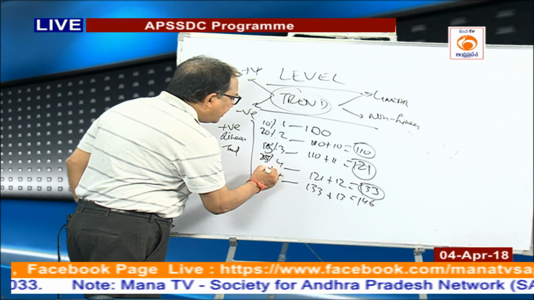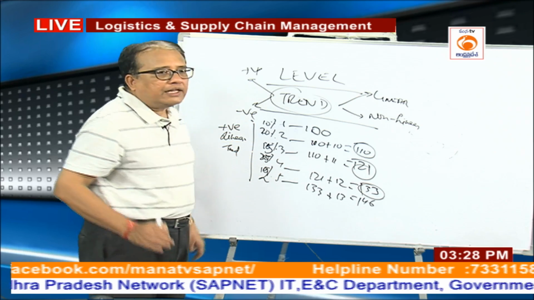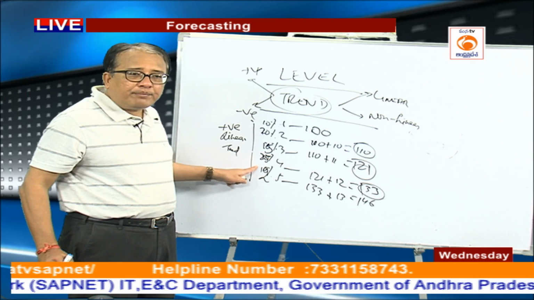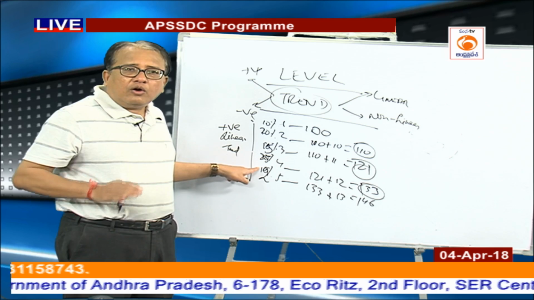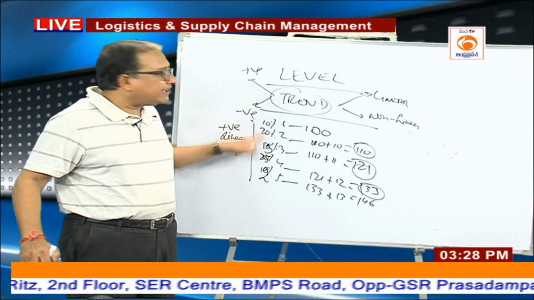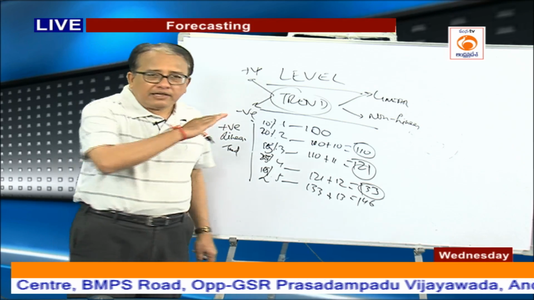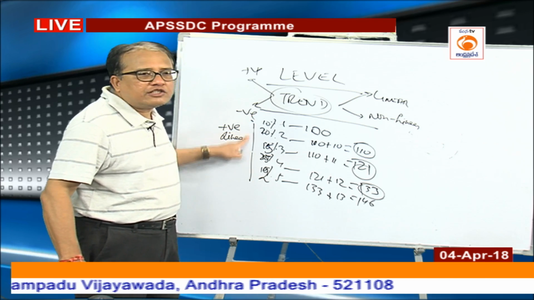In the fifth period, it may go by 12%. These are all hypothetical. So, 10, 20, 15, 25, 12. It is increasing every period on the previous demand. So, it is a positive trend, but it is non-linear. What do you mean linear? Line, straight line. So, there is no linearity, it is non-linear.